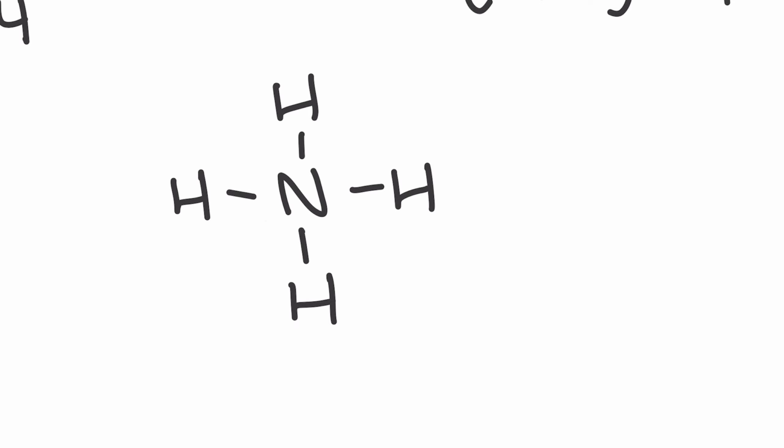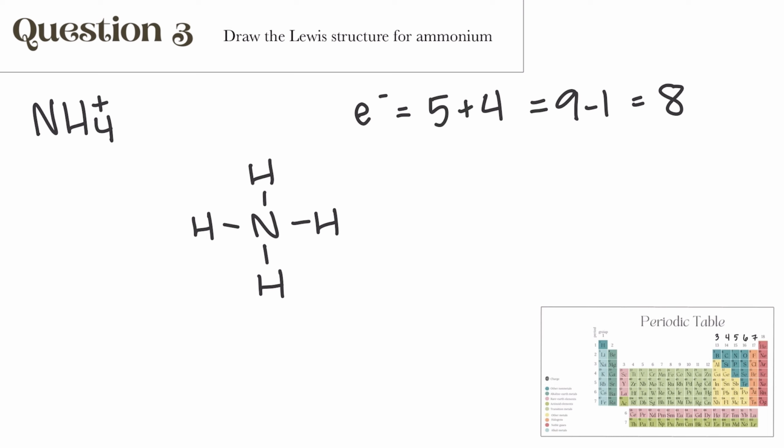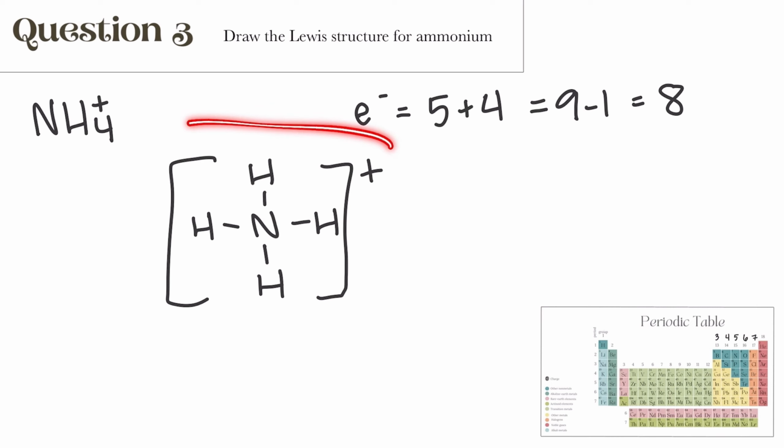Now, it looks like we should be done, but we aren't, because we need to remember if a compound has a positive charge, we need to account for that by putting brackets around it with the positive or negative charge on the outside. So this is what the answer should look like, and you have to remember the brackets and the charge, otherwise you could definitely get it wrong.